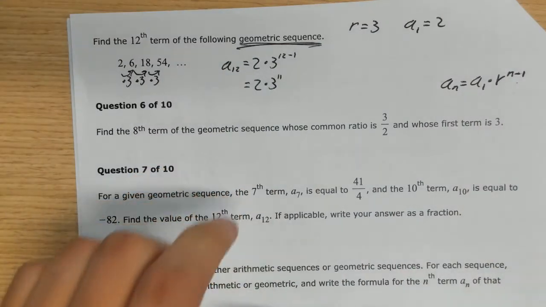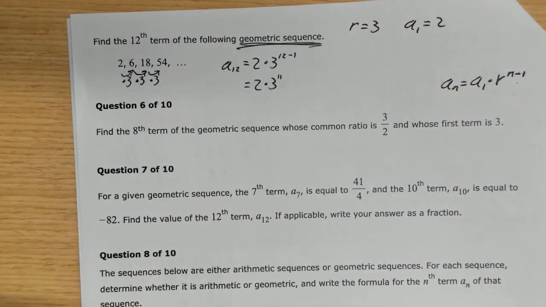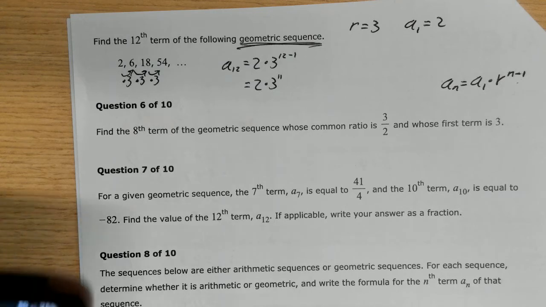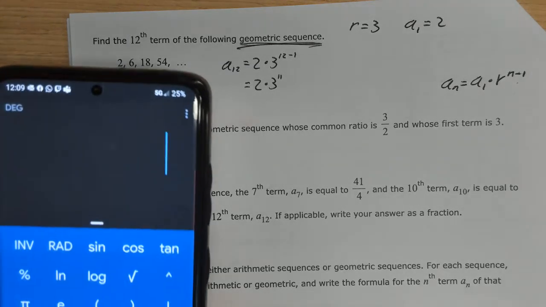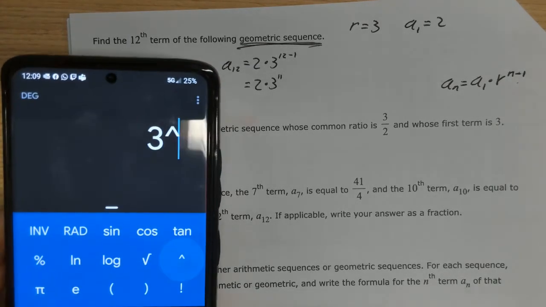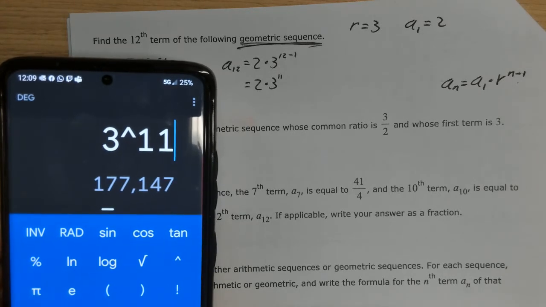Now, guys, again, please do not multiply 2 times 3 and then raise it to the 11th. Do that again. It's exponent first. So do 3 to the 11th first, okay?